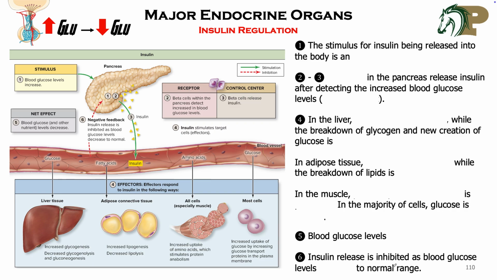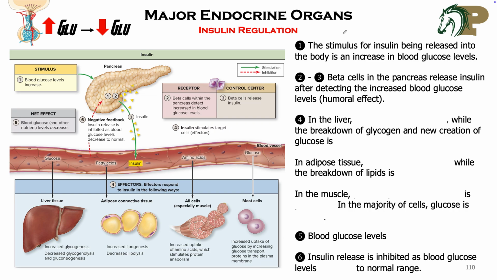These hormones will be released as a result of increased or decreased blood glucose levels. The stimulus for insulin being released into the body is an increase in blood glucose levels. When the body senses that increase in blood glucose, it will secrete insulin, which will come from the beta cells of the pancreas.